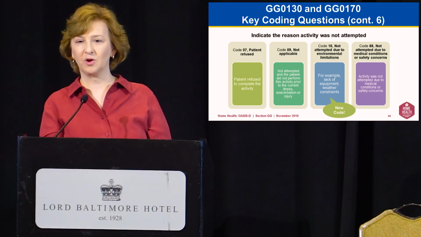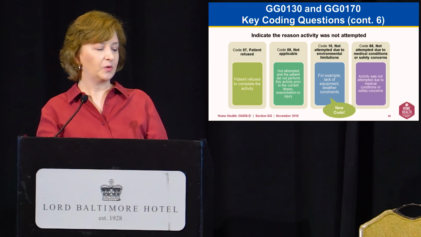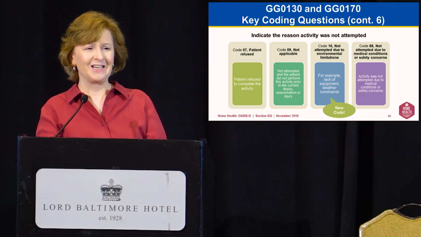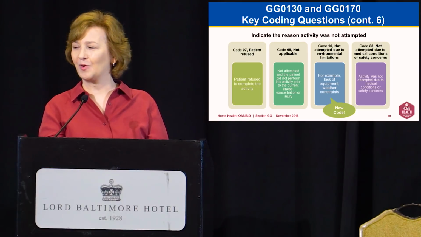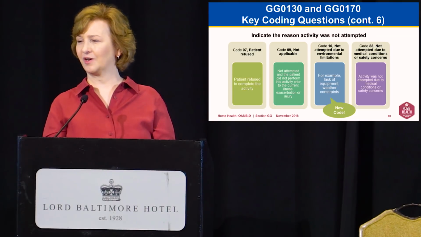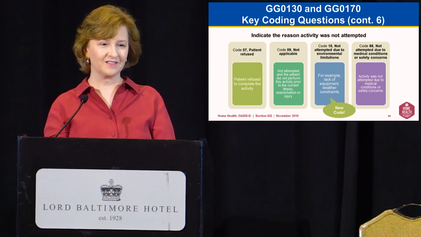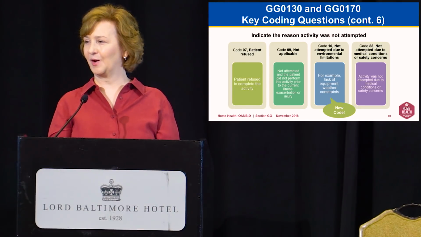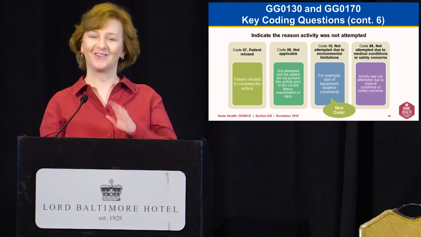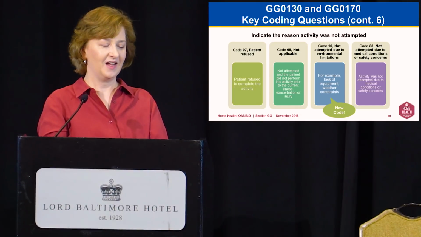Code 10 is a new code for actually all of the settings in 2018 and 2019 for you, and this is not attempted due to environmental limitations. Probably this won't be coded for many of the self-care activities, but certainly something like car transfer is where we would expect to see this used, or walking on uneven surfaces is another activity where perhaps you live in North Dakota and it's really cold at the time, and you're not going to take the person outside maybe to walk on uneven surfaces, and there's nothing in the person's home to test them with.